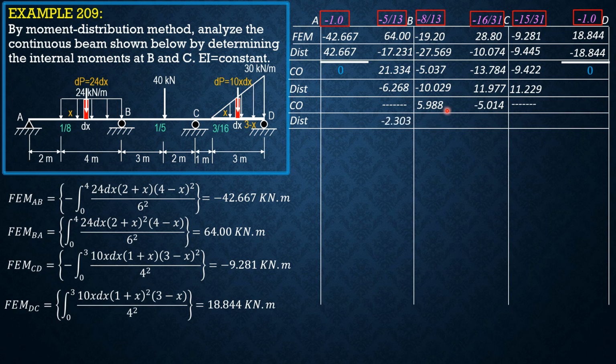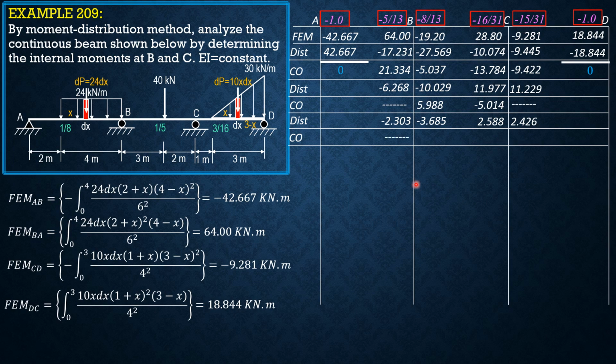Distribute 5.988 times negative 5 over 13, put the value here. 5.988 times negative 8 over 13, negative 3.685. Negative 5.014 times negative 16 over 31, negative 5.014 times negative 15 over 31.